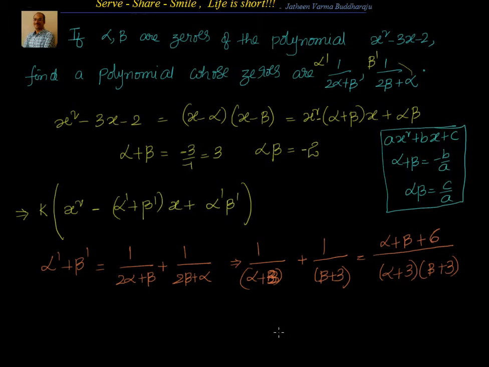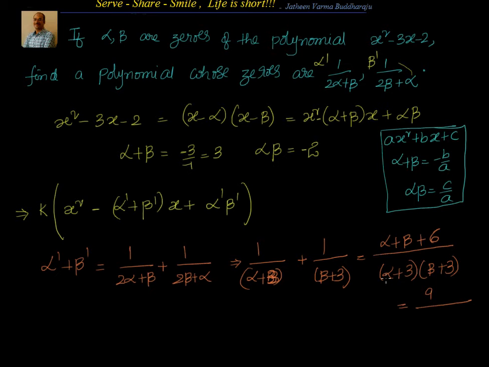So let us see the value of this. Alpha plus beta is 3, 3 plus 6 is 9, by alpha into beta is minus 2.